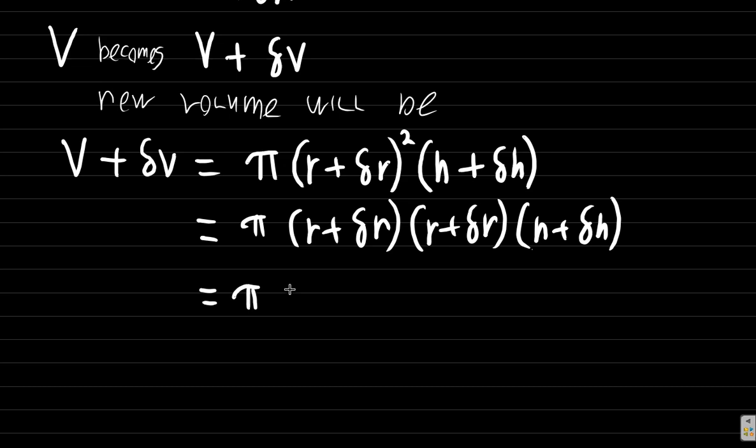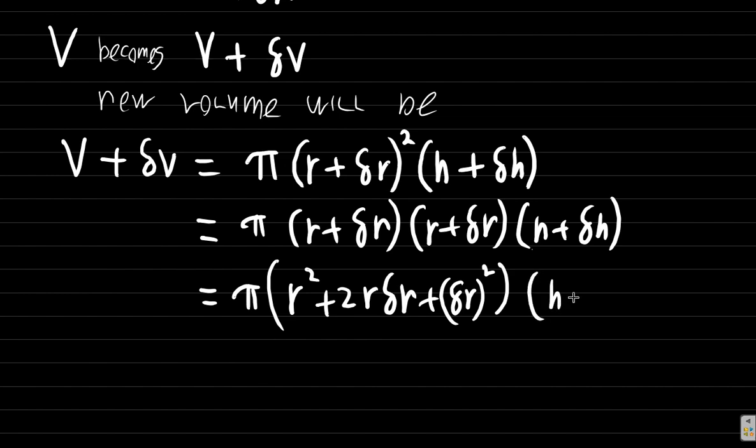So it is pi times r squared, times, r times del r is r del r, then del r times r is r del r again, so it's plus 2r change in r. You see that? R times change in r plus r times change in r is 2r times change in r, plus change in r squared. So del r all squared, times h plus del h.